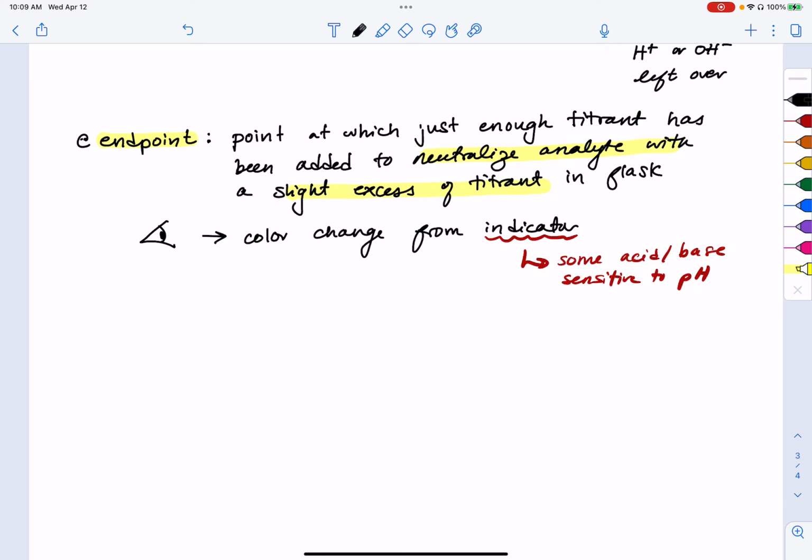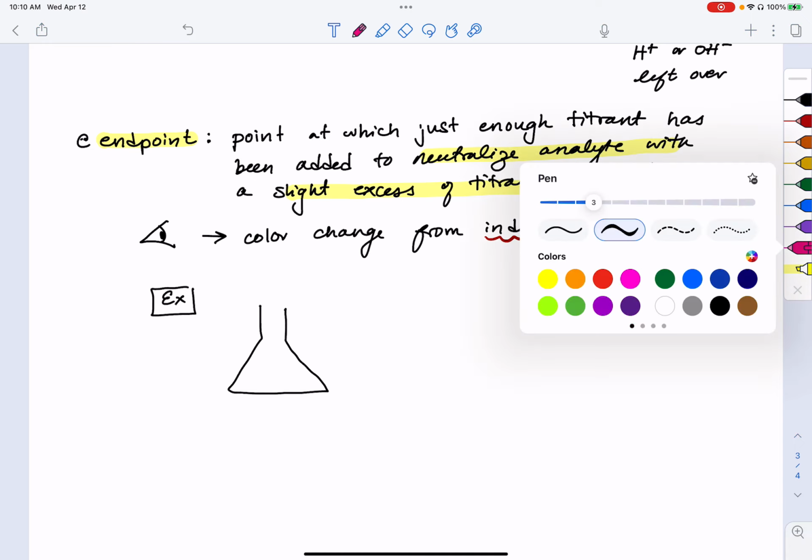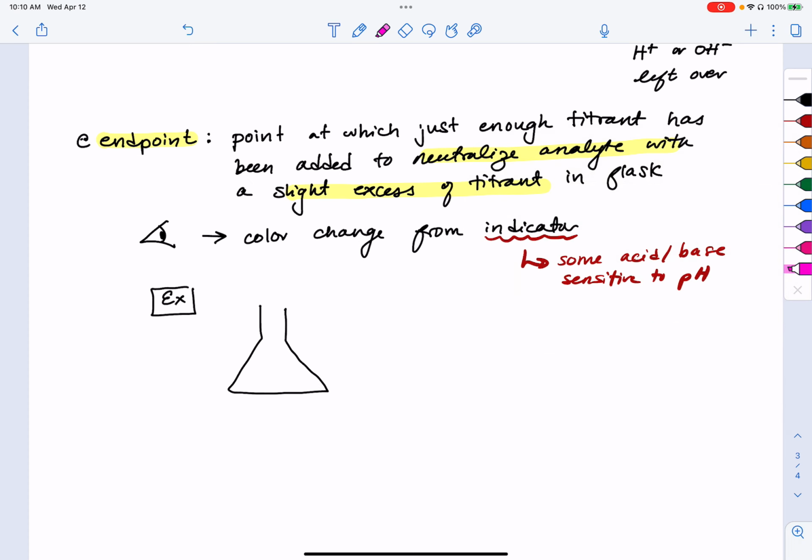So in our titrations yesterday, we were looking at adding acid to base. So we had our super pink basic solutions of sodium hydroxide. So this is NaOH plus our indicator phenolphthalein. So this is pink in a basic environment.